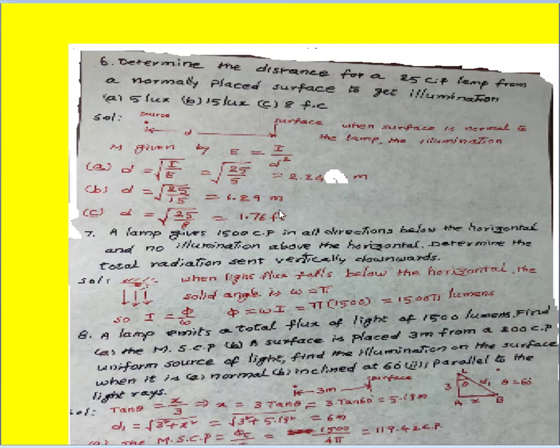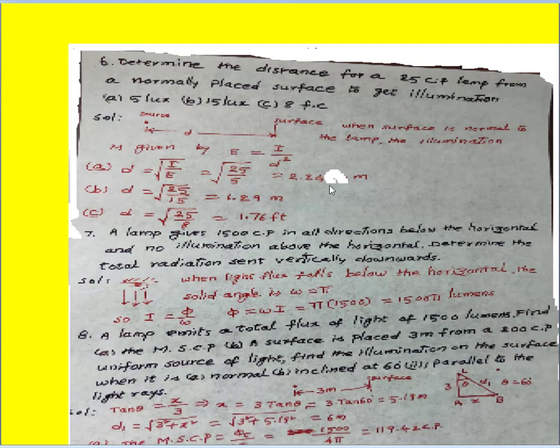If you look at this properly, if the surface is near to the light source, we get the maximum flux, maximum illumination. If the distance from the surface to the source normally is more, then we get less illumination.